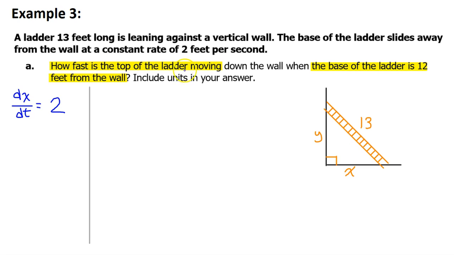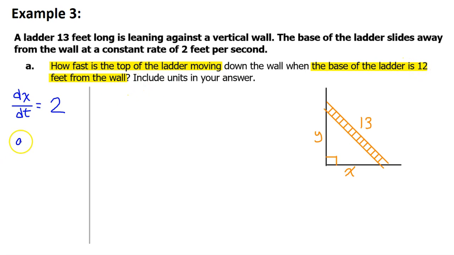How fast is the top of the ladder moving when the base of the ladder is 12 feet from the wall? A related rates problem is usually based on a moment in time. And we are being asked about the moment in time when the base is 12 feet from the wall.